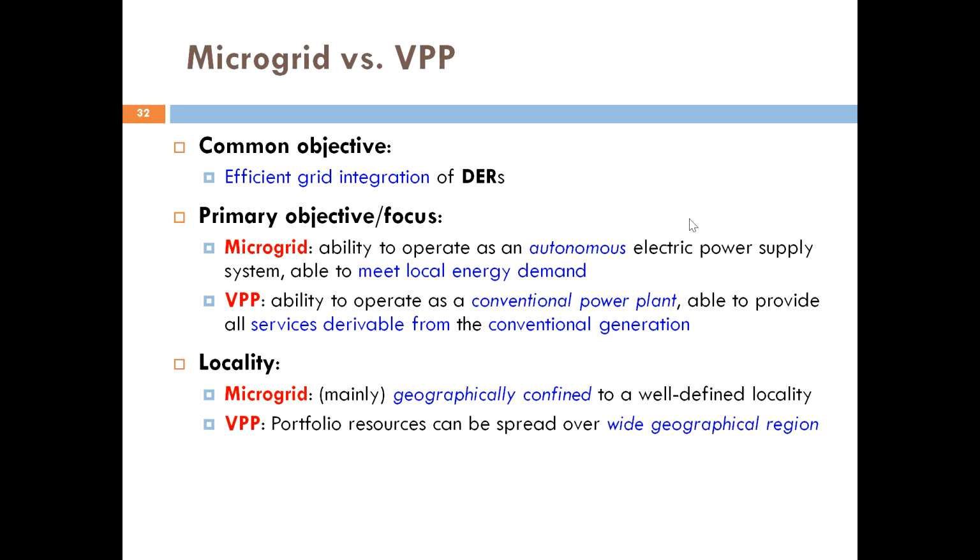Obviously, there is a limitation to this also, but it is still a differentiating factor between a microgrid and a VPP.